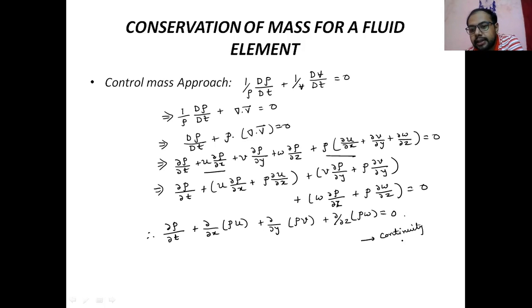That is the final continuity equation. It is a generalized continuity equation in Cartesian coordinates, where along the x-axis velocity is u, y-axis v, and z-axis w. Any flow field should satisfy this equation, then only will the flow field exist. In any problem, if u, v, and w are given to you, you have to check whether it satisfies the continuity equation or not.